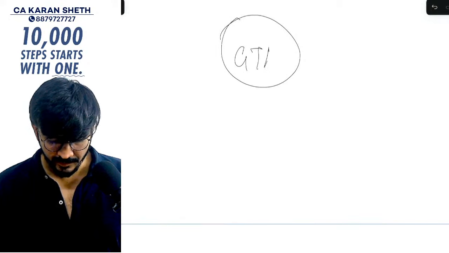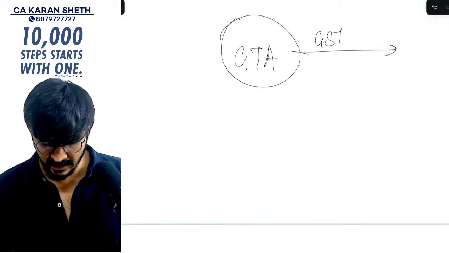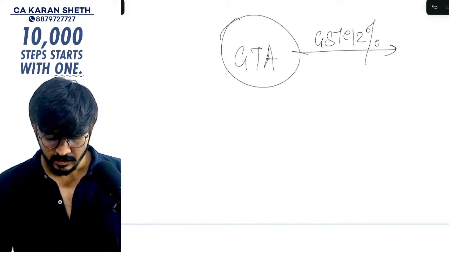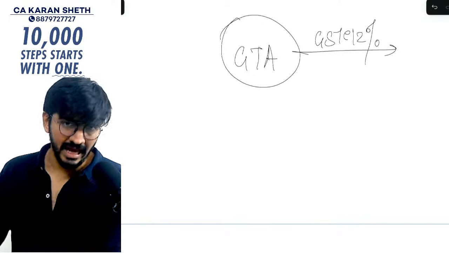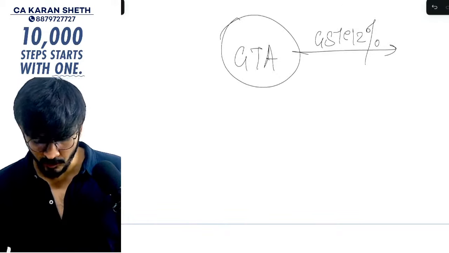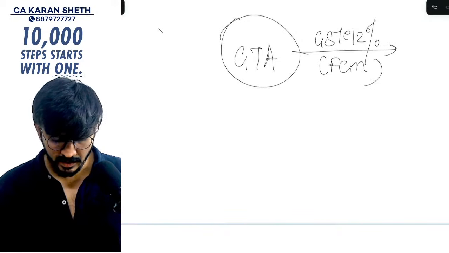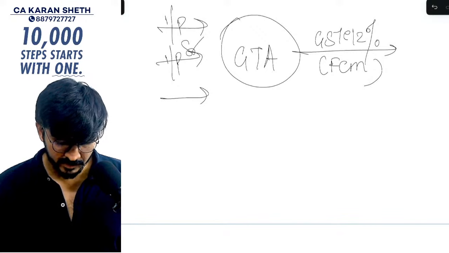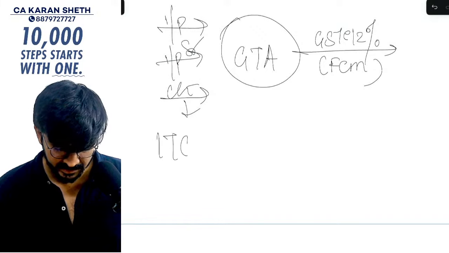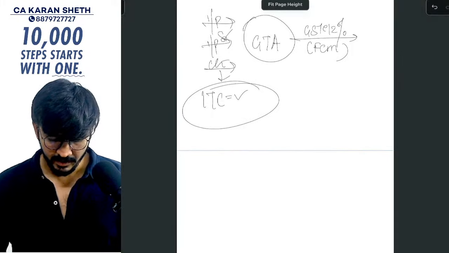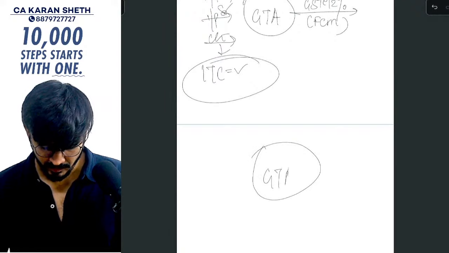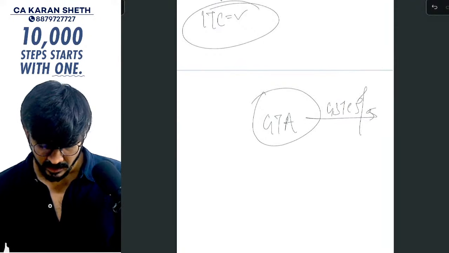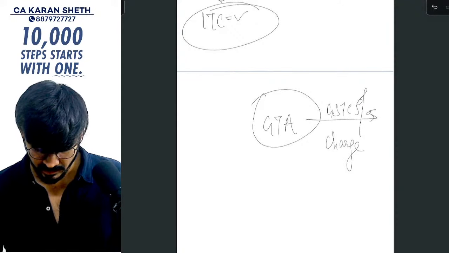Okay. But when it comes to GTA, who opts for GST at the rate 12%, so here he can charge output tax. Since he can charge output tax as is FCM, he can also take input service, capital goods ka ITC, right? But when a GTA takes GST at the rate 5%, can he charge GST?